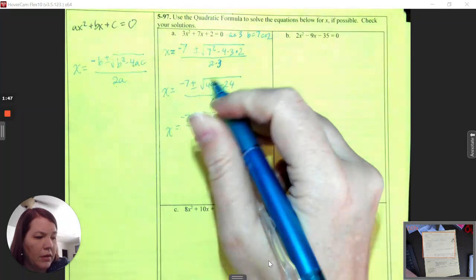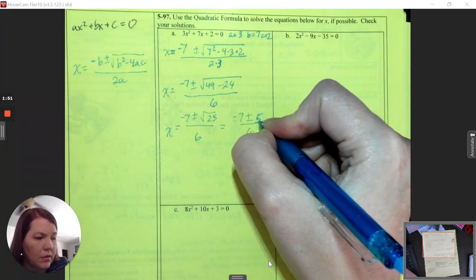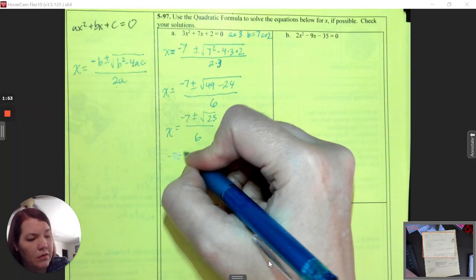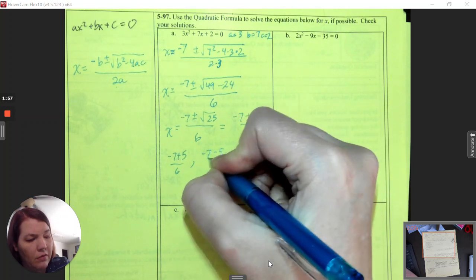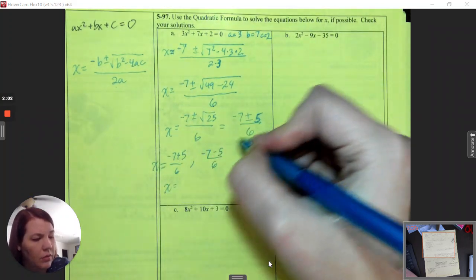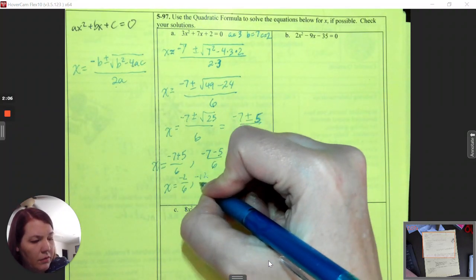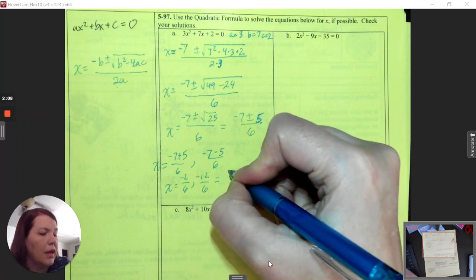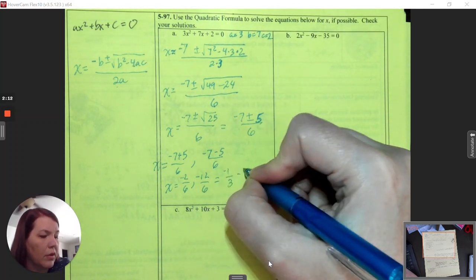Negative 7 plus or minus the square root of 25 is 5 over 6. So that's negative 7 plus 5 over 6 and negative 7 minus 5 over 6. So x equals negative 2 over 6 and negative 12 over 6, which means x equals negative 1/3 and negative 2.